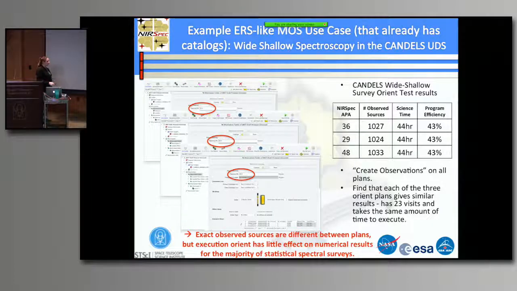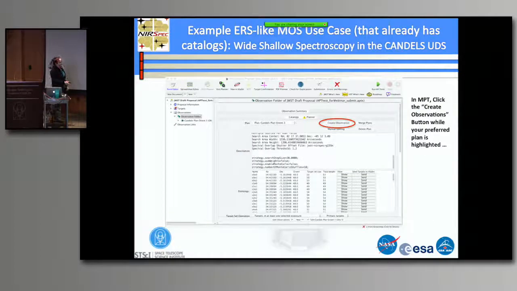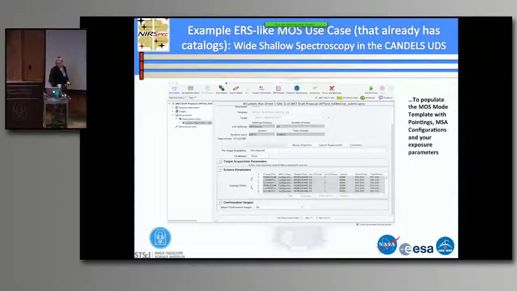So I created observations on all of the plans, and I found that the results are extremely similar. You get 23 visits, and they all take the same amount of time to execute. In the MSA planning tool, I created the observations while my preferred plan was highlighted, and that populates the MOS templates with all of the parameters for that observation.